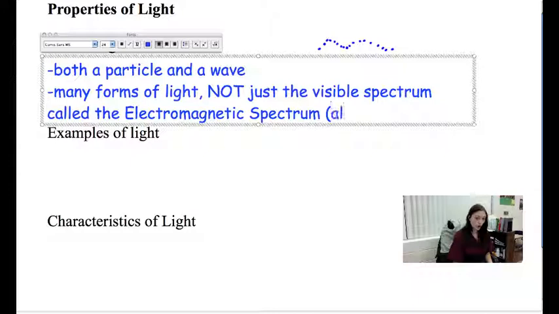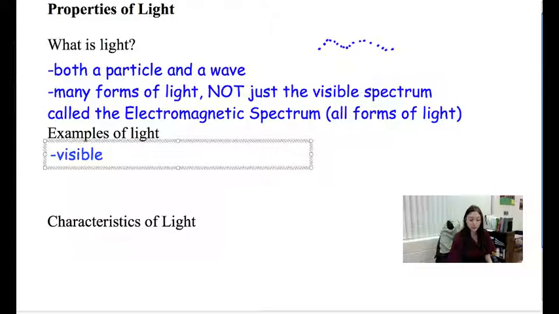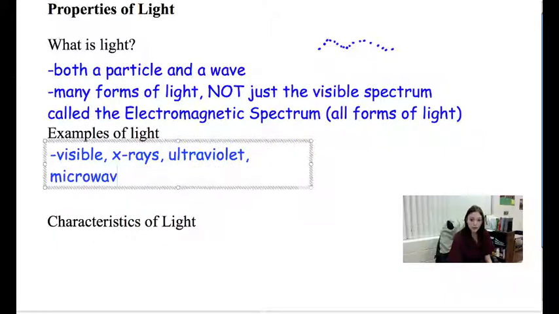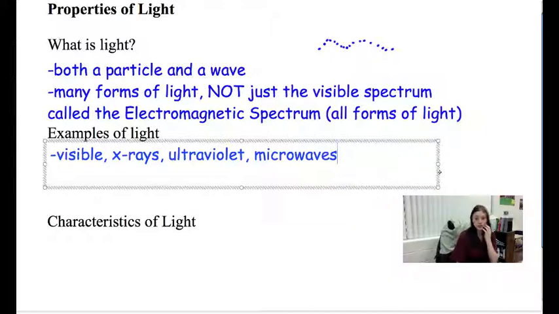Remember, that's all forms of light. I'm going to look at an example of the electromagnetic spectrum here in a second. We have the obvious visible light. We also, though, have X-rays, ultraviolet light, microwaves, and many, many others.